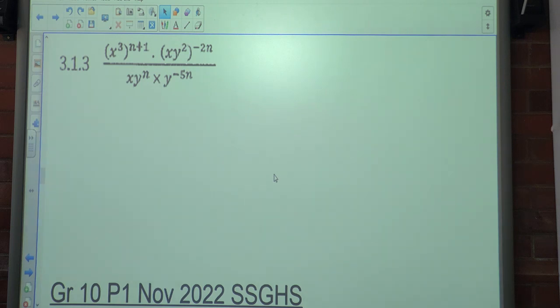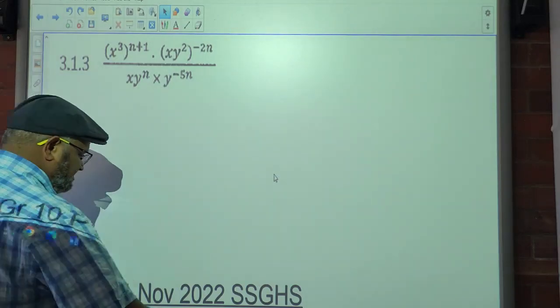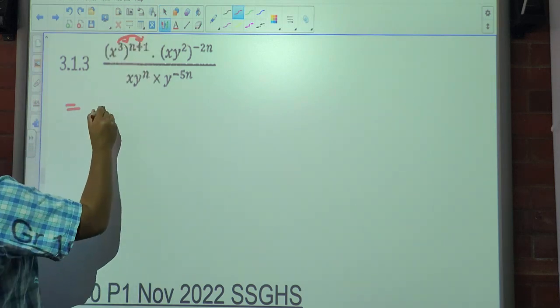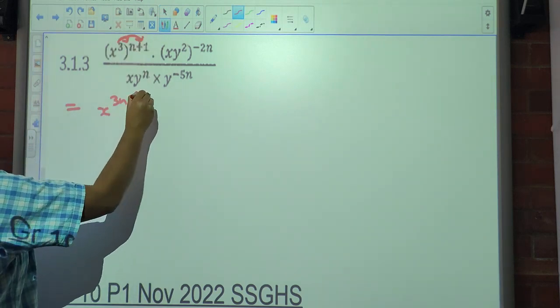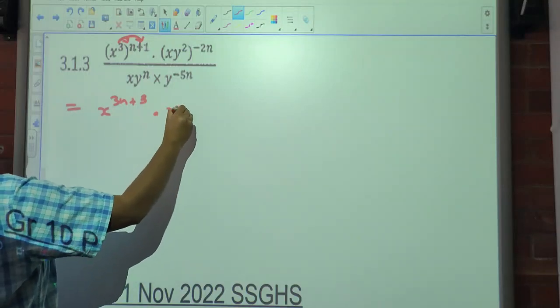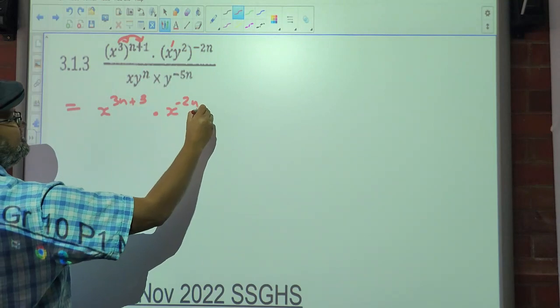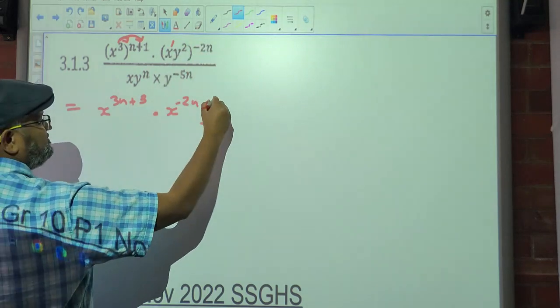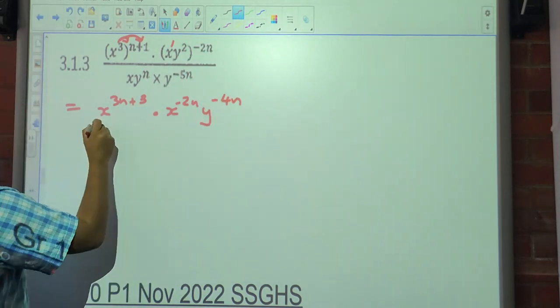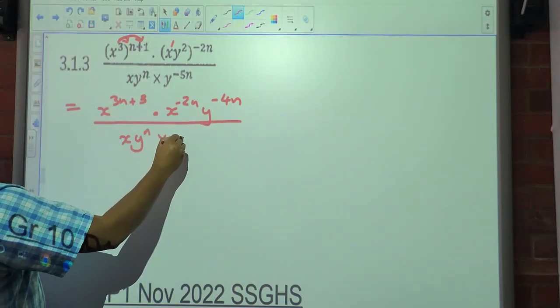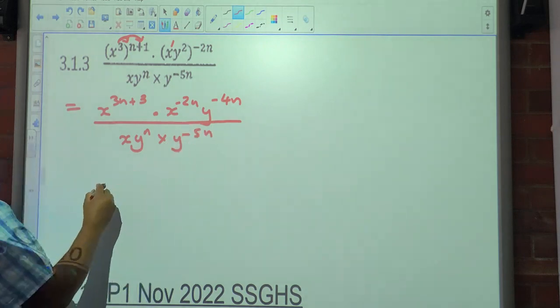What needs to be done first? Multiply the exponents. So 3 times n, 3 times 1: x to the 3n plus 3, times x is 1 times negative 2n, which is negative 2n. Y: 2 times negative 2n is negative 4n. That's all over x y to the n times y to the negative 5.